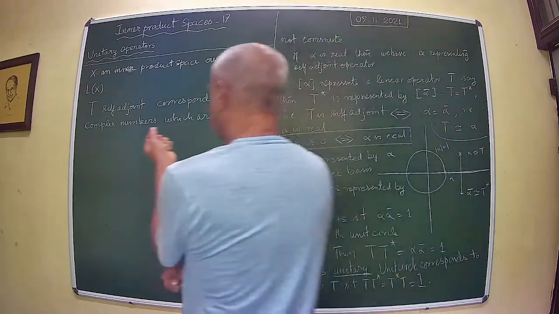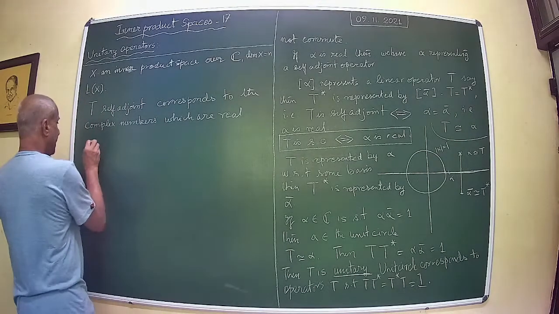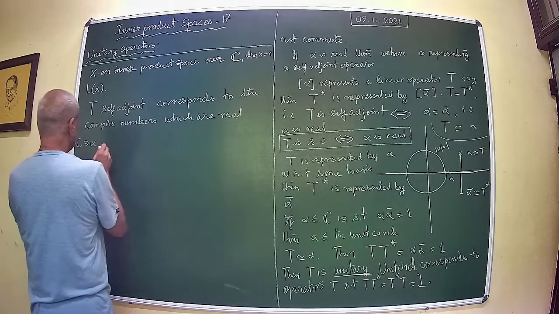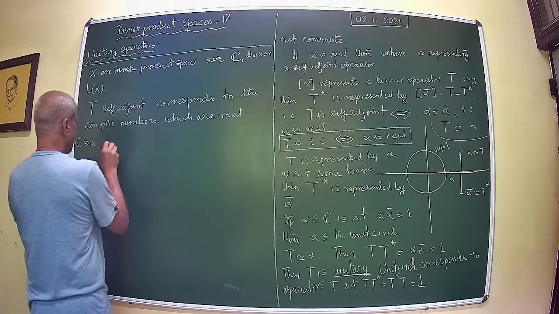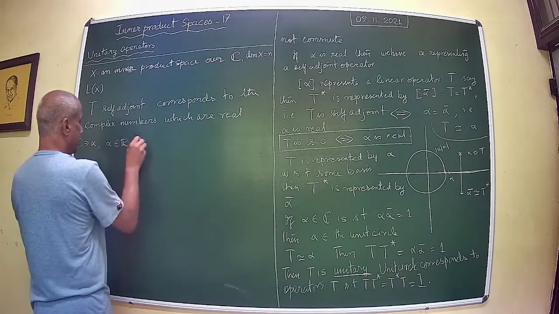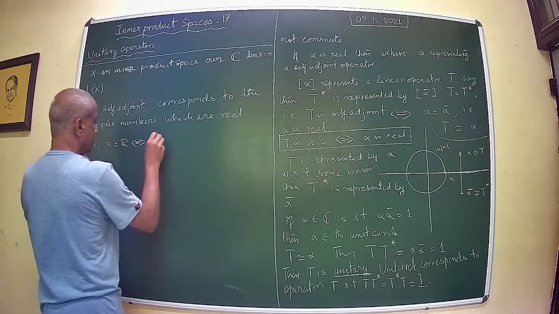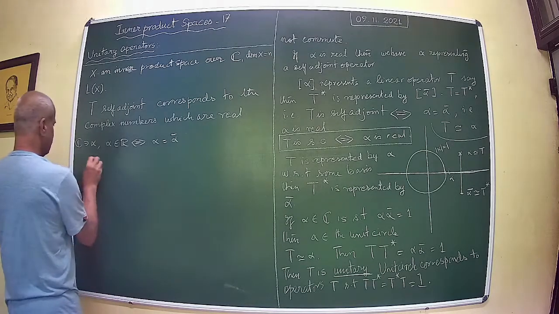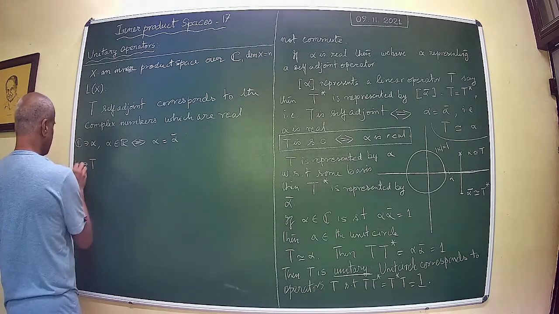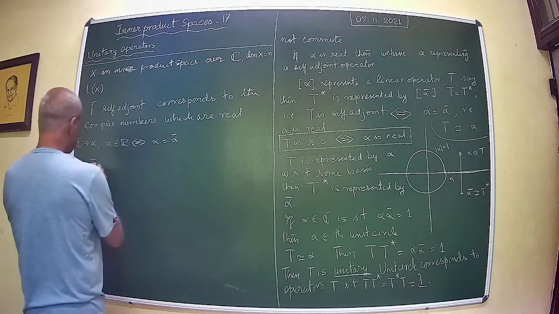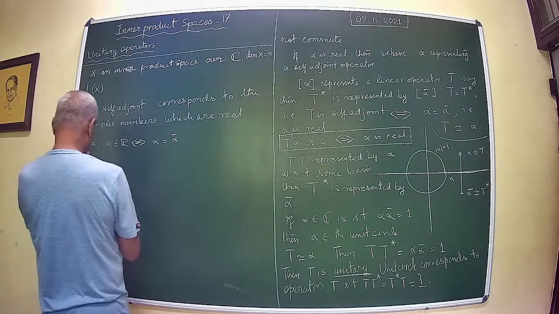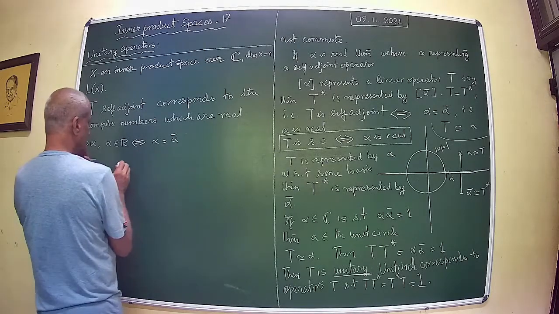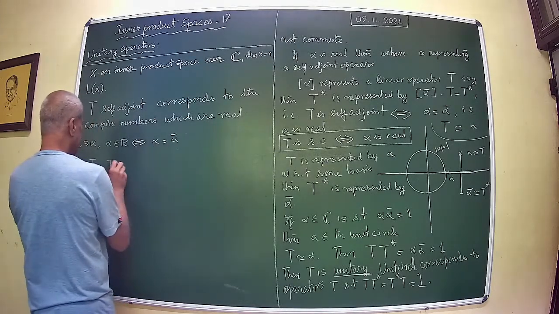So the property that you have is this: alpha belonging to C, alpha real, alpha equal to its conjugate; correspondingly T belonging to L(X), T equal to T star.